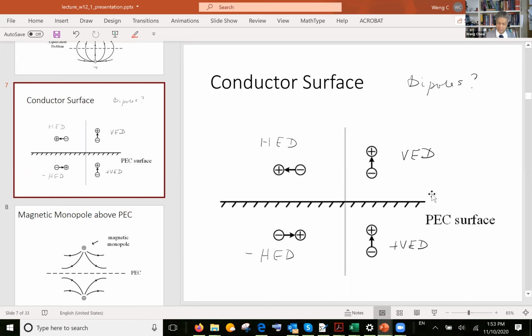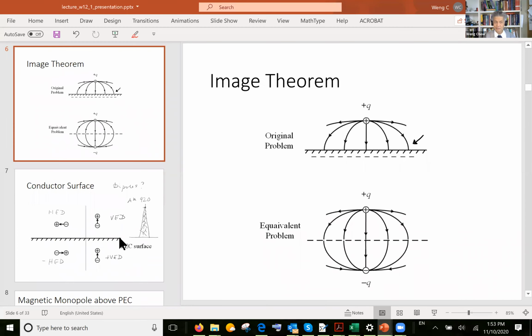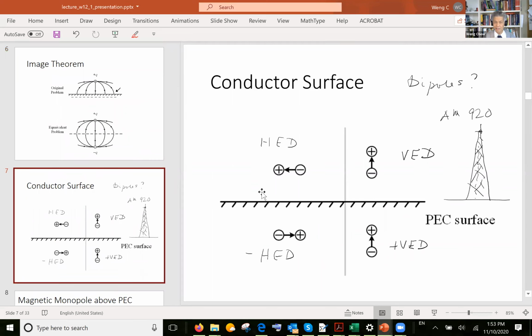That's why you have antenna towers. If you look at AM920, you can see that the antenna tower always looks like this, right? And then they will have an electric current flowing on this thing. And this antenna tower radiates well because it resembles a vertical electric dipole. Whereas nobody would want to make a horizontal electric dipole as an antenna tower.